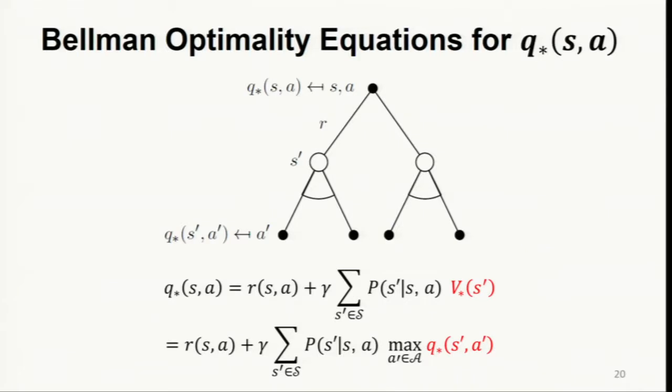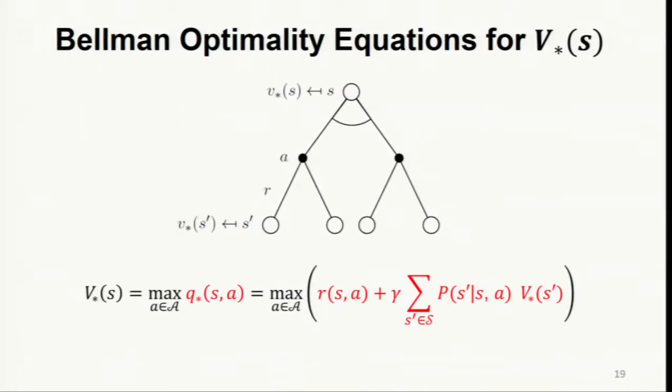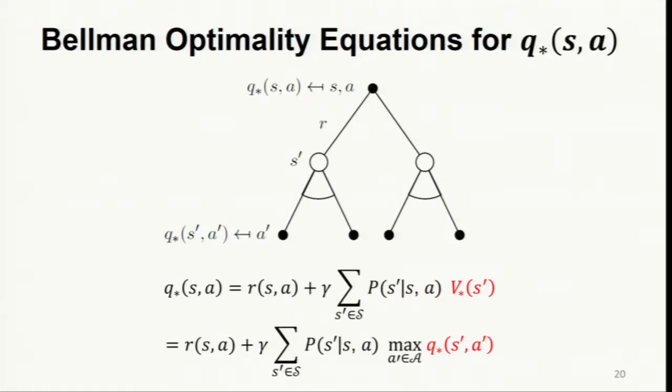You see here, V star S prime. Basically, we're just putting this equation here. Instead of writing everything out for the second level, once we get to V star S prime, we just directly replace that with the best, or the maximal, action value. Make sense? So this is the second part.